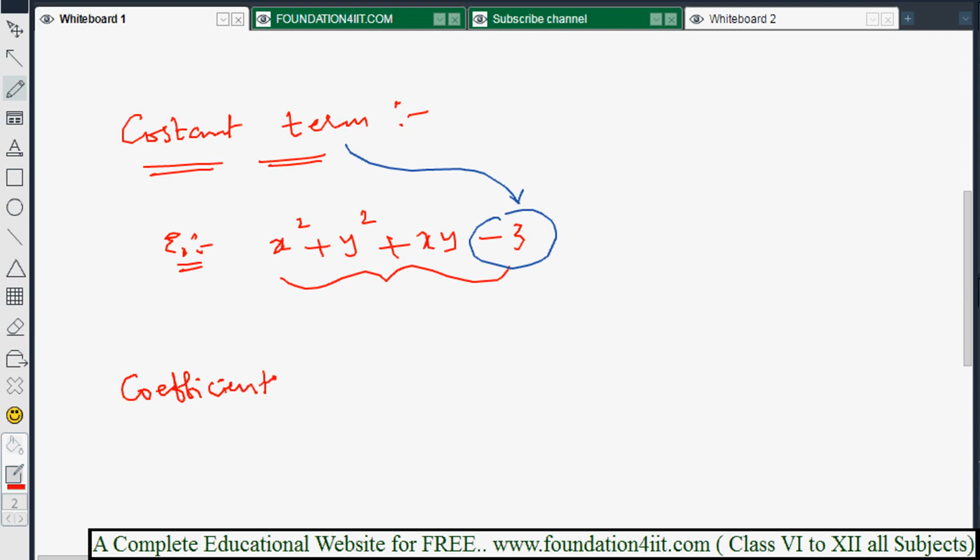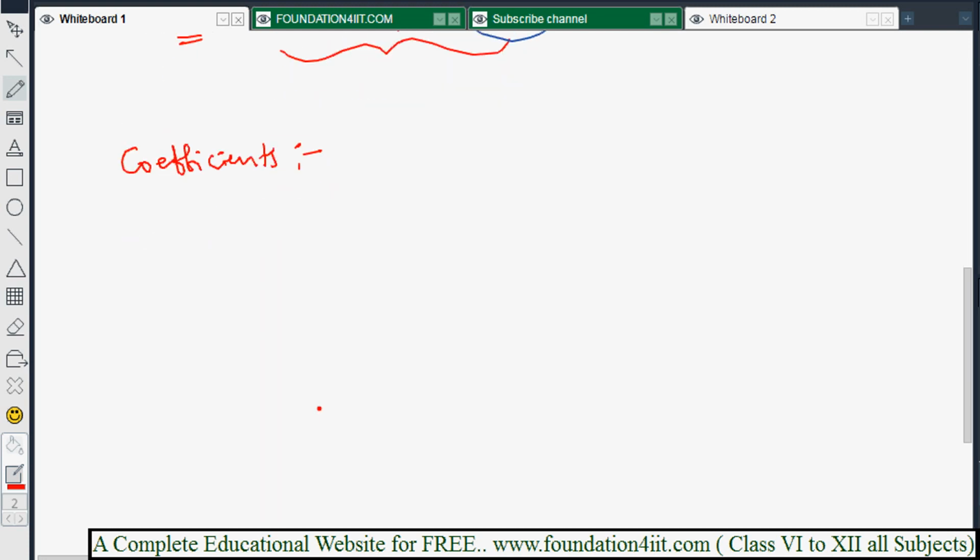Now coefficients. In coefficients, any factor of a term is called the coefficient of the product of all the remaining factors. This is what we need to understand clearly. Any factor of the term, and previously you have seen many factors, is a coefficient of the product of all the remaining factors. For example, take 7xy as a term. In this, the numerical coefficient is 7.